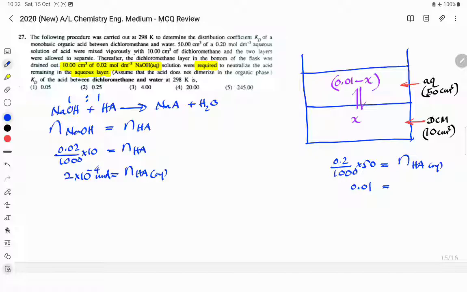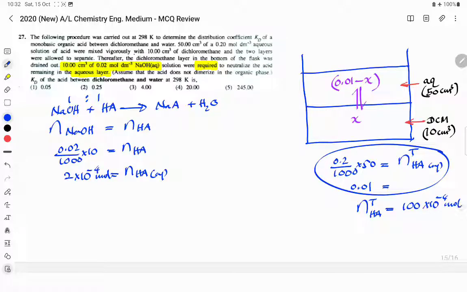So this is the total HA that we took, this value, can be written as 100 × 10^-4 moles. Now we took this amount of HA into the aqueous layer. When we shake it with 10 cm³ of dichloromethane, the remaining amount was this one.